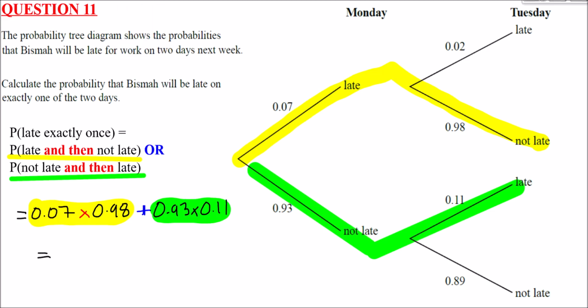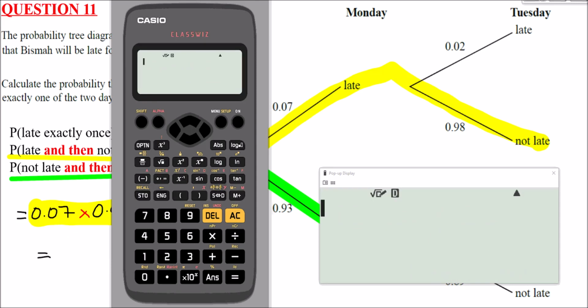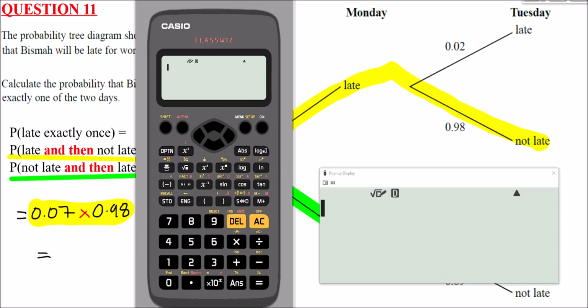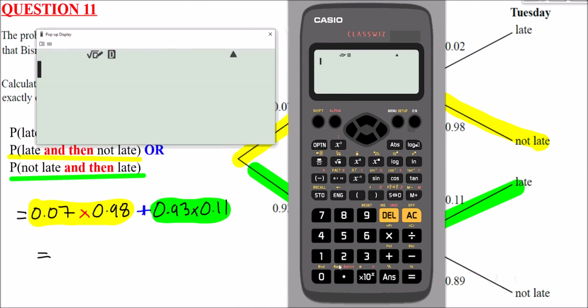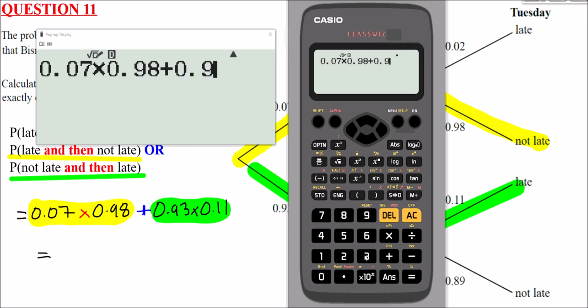So get the calculator ready. So we're going to have here the following. So 0.07 times 0.98 added to 0.93 multiplied by 0.11. Press equals and it comes to this.